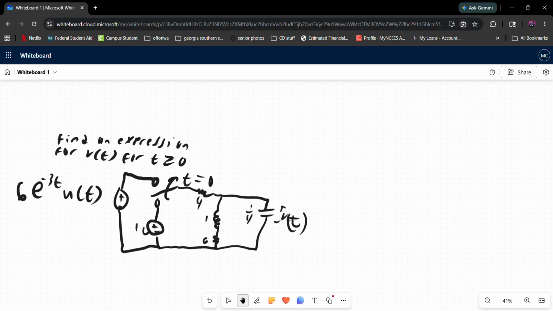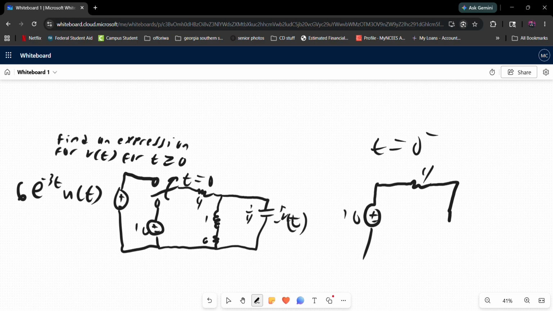Now, at t equals 0 minus, it's going to be on the 10 volt source. And the inductor is going to act like a short circuit, and the capacitor is going to act like an open circuit.